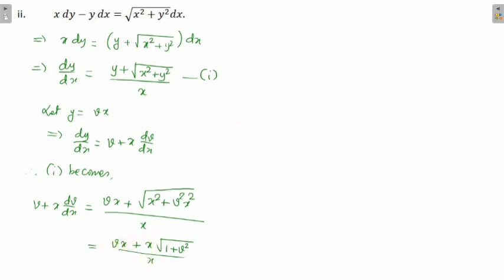So you get v plus x dv by dx equal to v plus root over 1 plus v square. Simple. So v and v can be cancelled, and you get x dv by dx equal to this much. Do the cross multiplication, or the separation of variables, and you get this much.